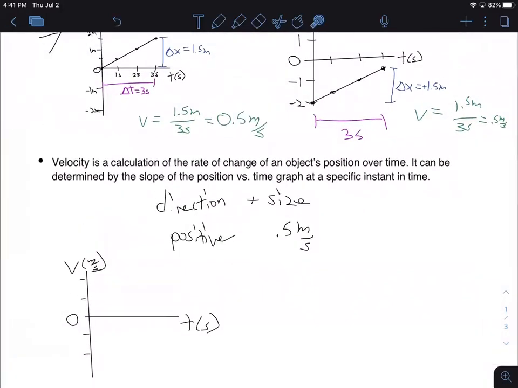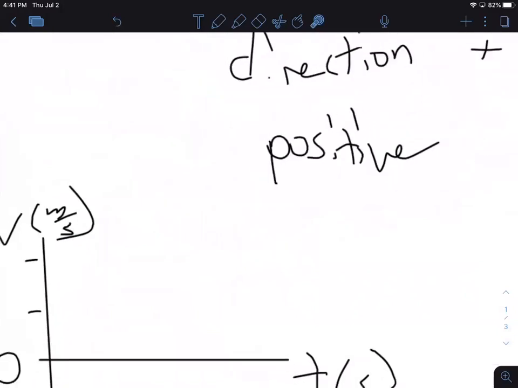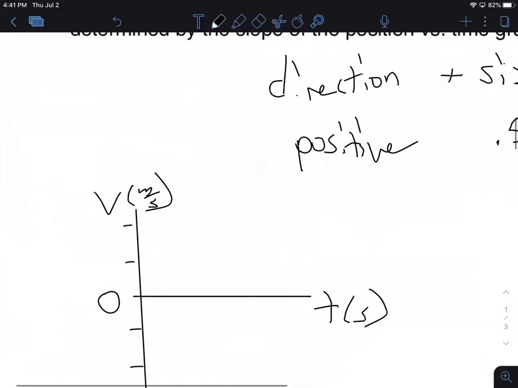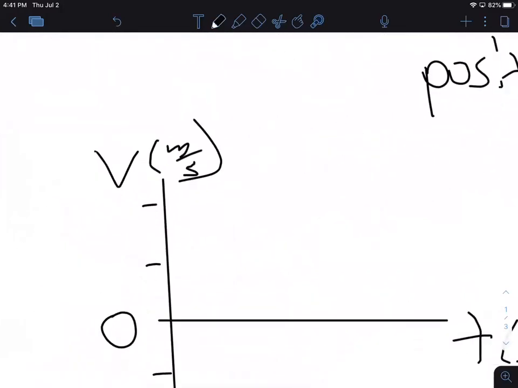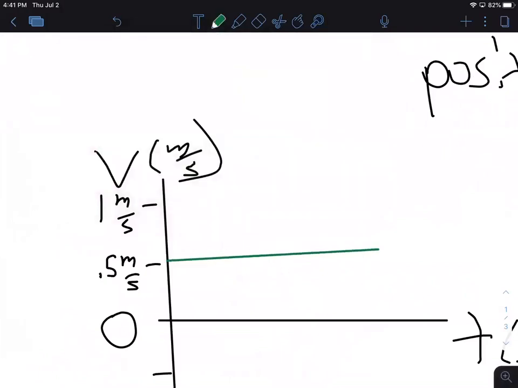All right, so I look at the slope here, and the slope is the same the whole time, and I found it was 0.5 meters per second. So let's say that this dash I made here is 0.5 meters per second. This would be 1 meter per second. And that velocity is unchanging, so it's just going to be a straight line going across there. We can throw some 1 second, 2 second, 3 second on here.